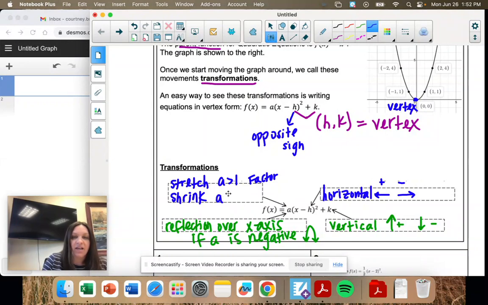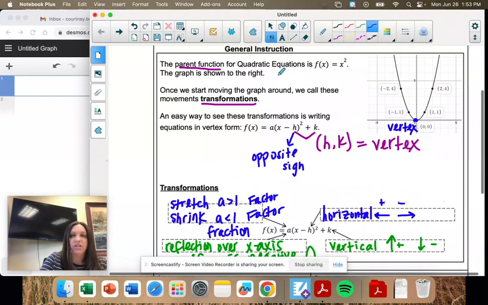If a is less than 1, it's a factor of the shrinking. So less than 1, think fraction, right? If it's greater than 1, it's like 1, 2, 3, 4. Okay? And if it's 1, then there's no change. Like this is really just 1x squared, right? Then it just stays how it is with the parent function.